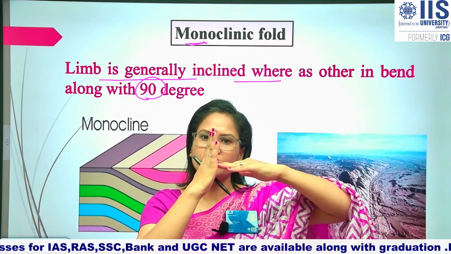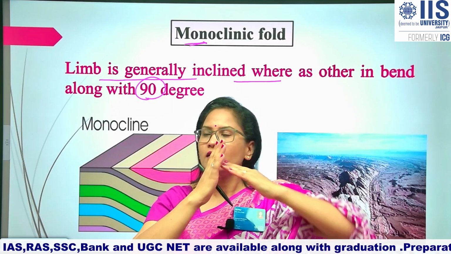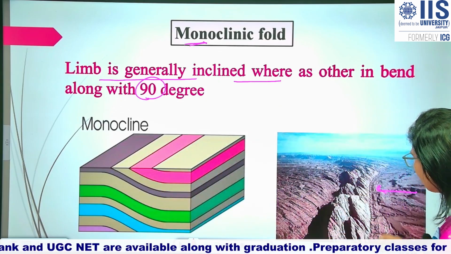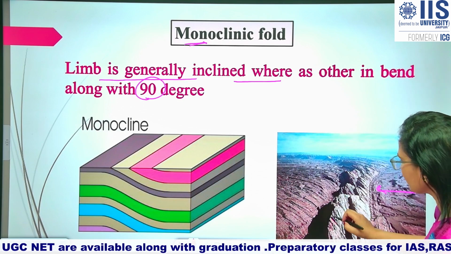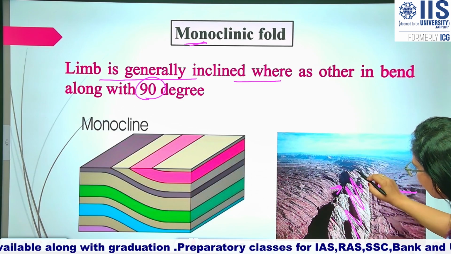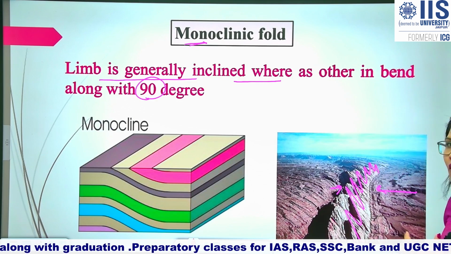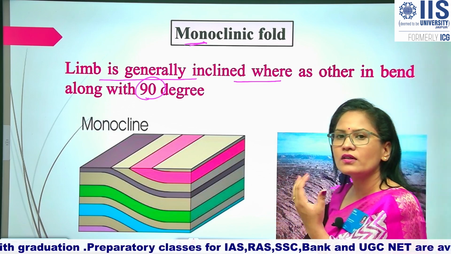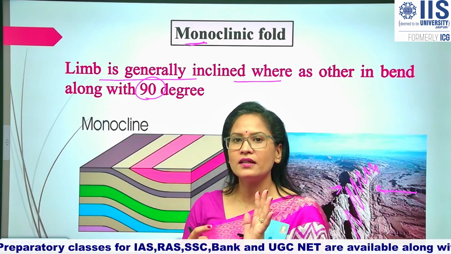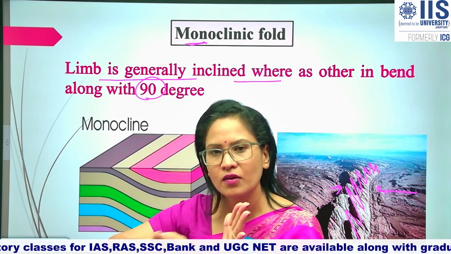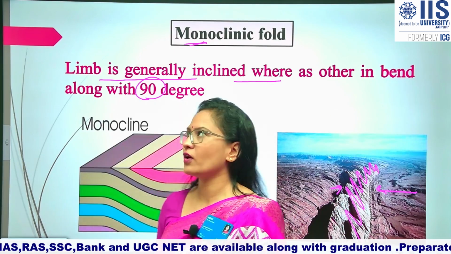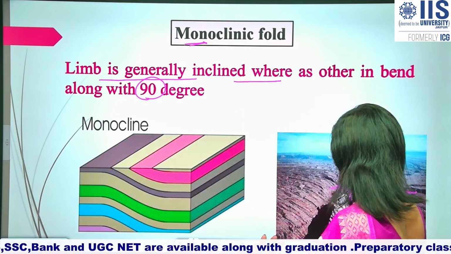It will be like this, right? This force is very high and this force is stagnant. Then you can see the 90 degree hills or ranges occurring on the earth's surface. We can say that if one limb is at 90 degrees and the other is on a perpendicular base, then this kind of fold will be known as a monoclinical fold.